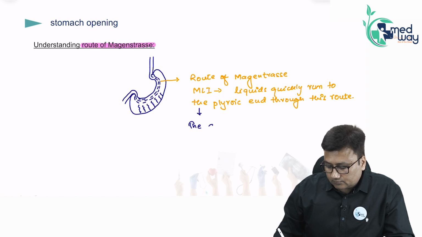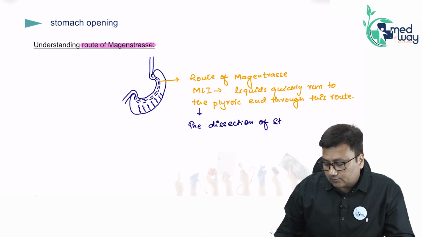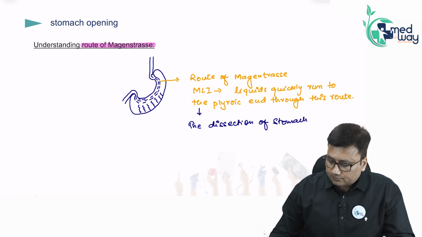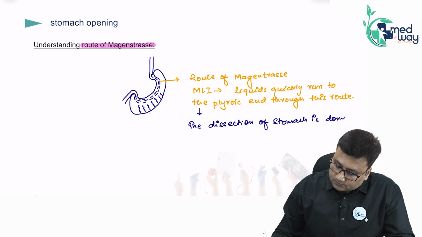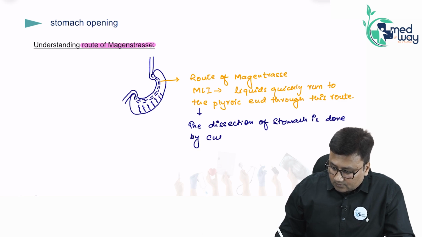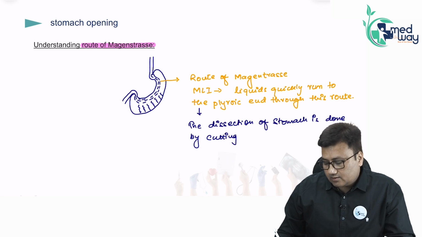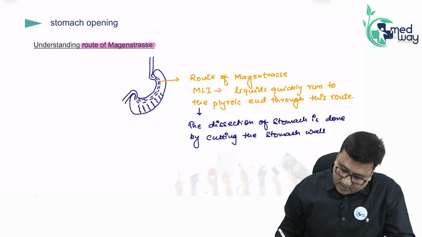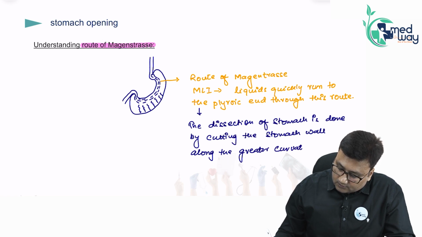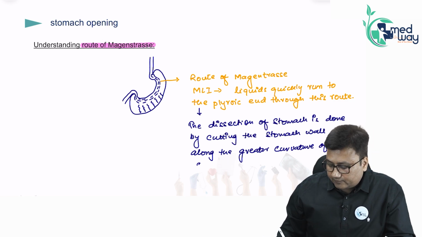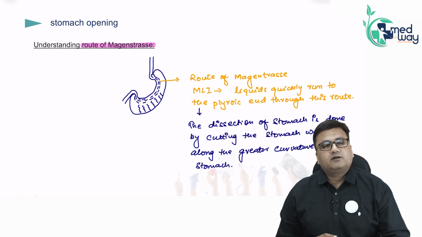the dissection of the stomach is done by cutting the stomach wall along the greater curvature of the stomach, not the lesser curvature.